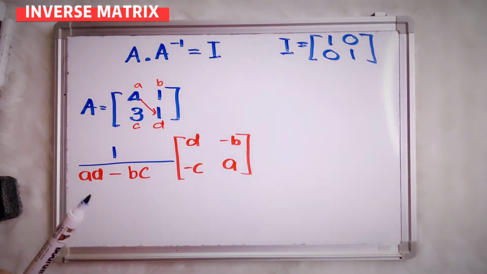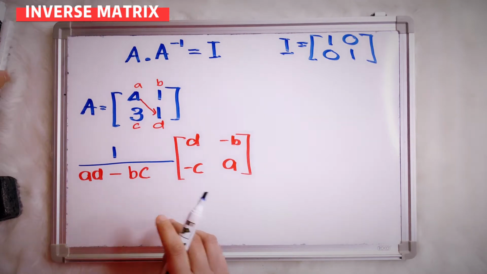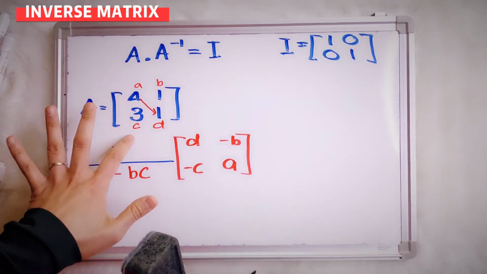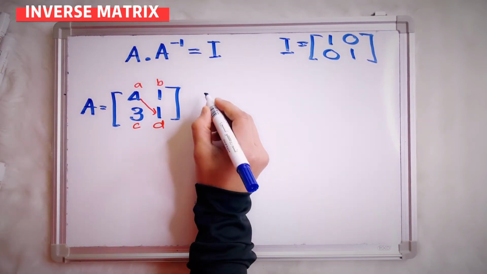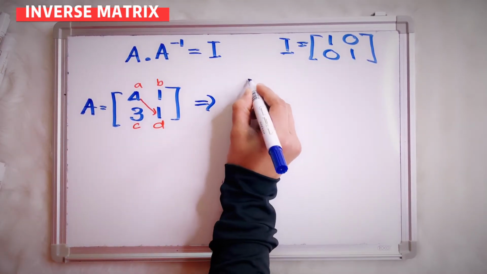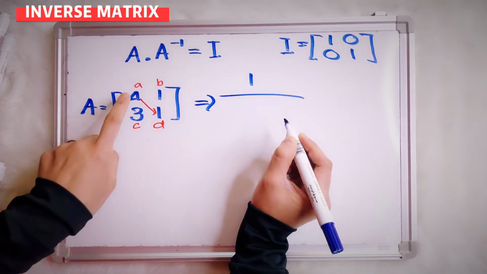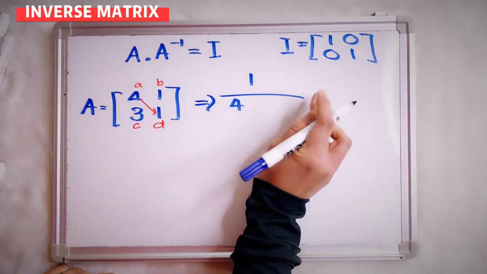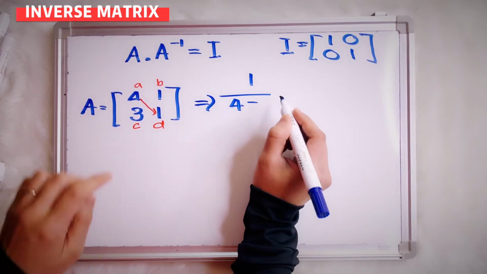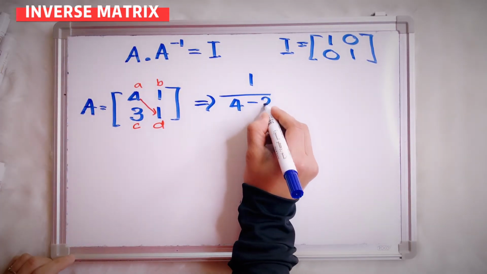Alright, so this is the method for inverse matrix. Now, let's proceed with this question. So 1 over A times D. So 1 times 4 is 4, correct? Minus 1 times 3 is 3.